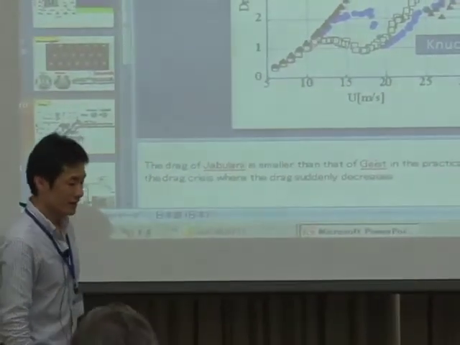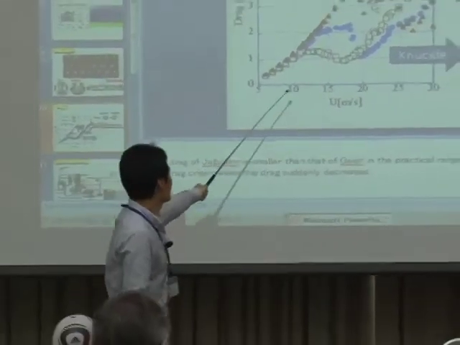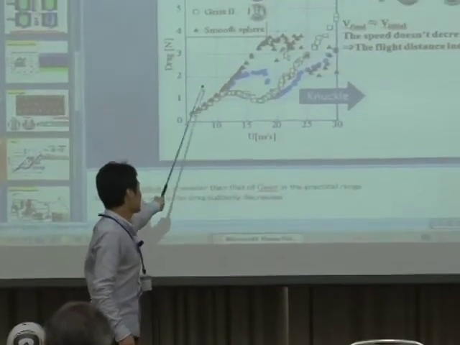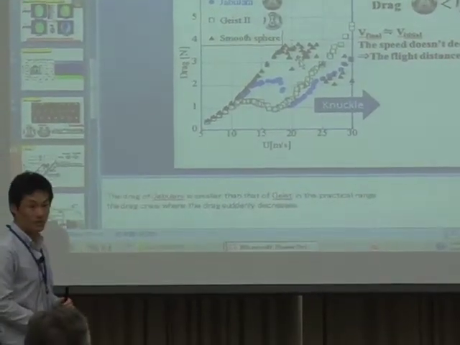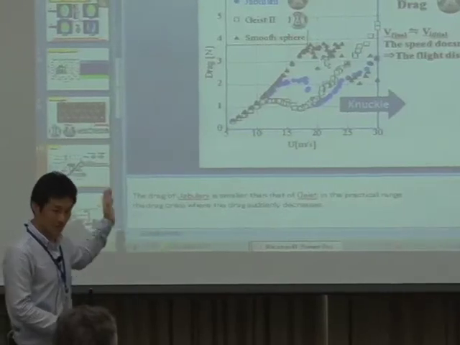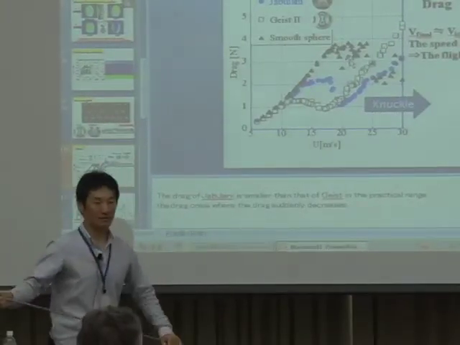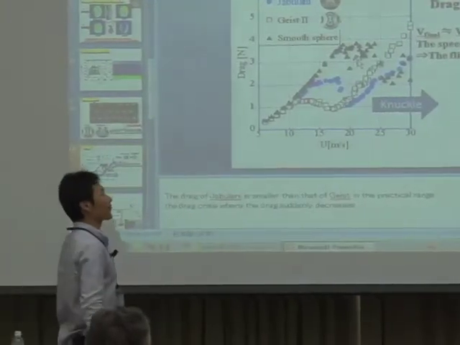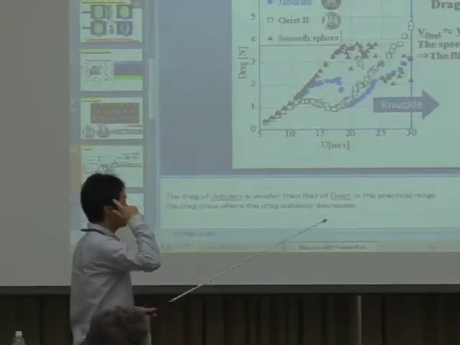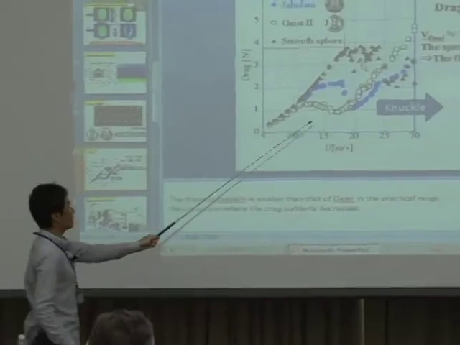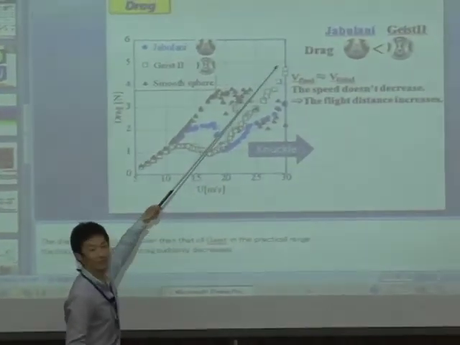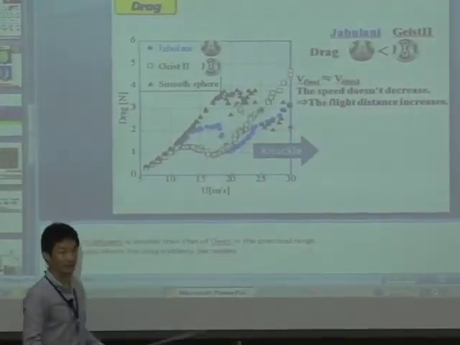For a rough sphere, in principle, the critical drag crisis occurs in the low speed range. So what's the level of the drag in the practical range? Around here, it is larger.